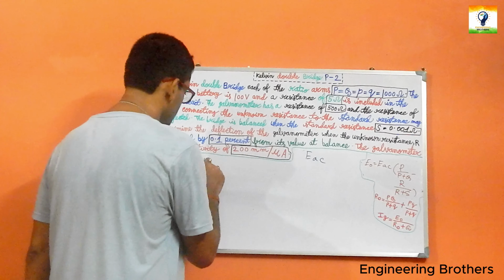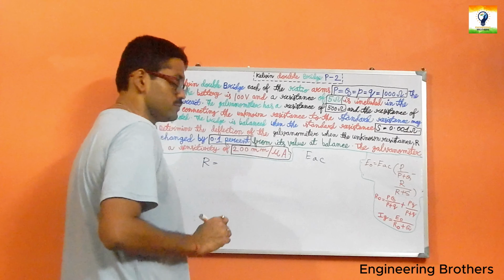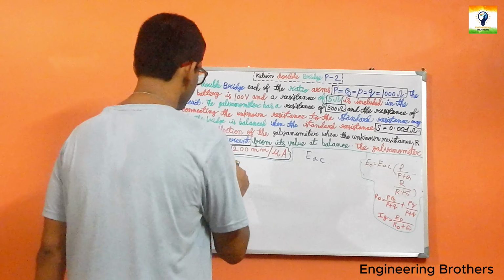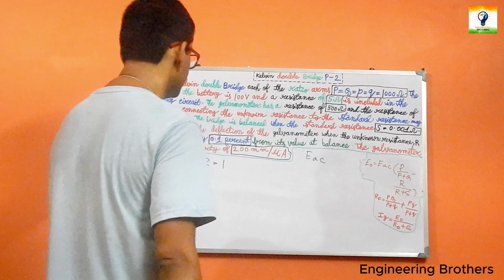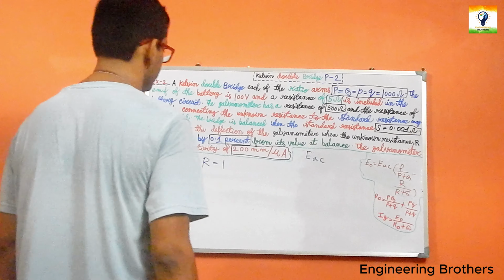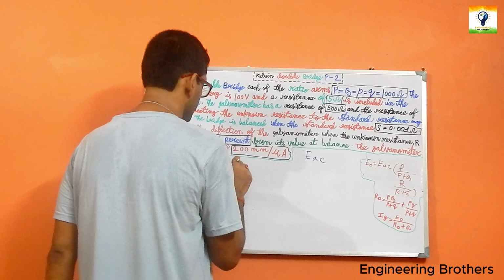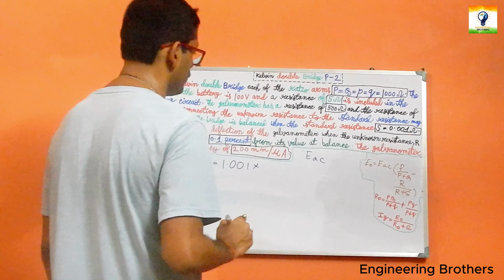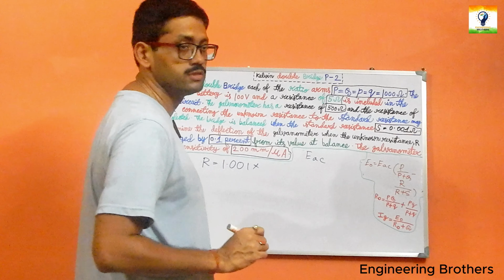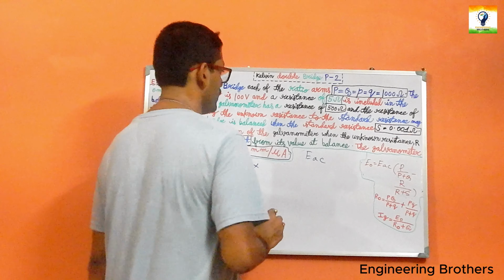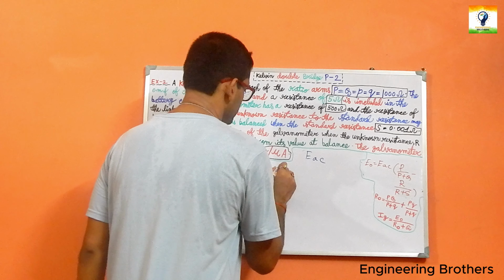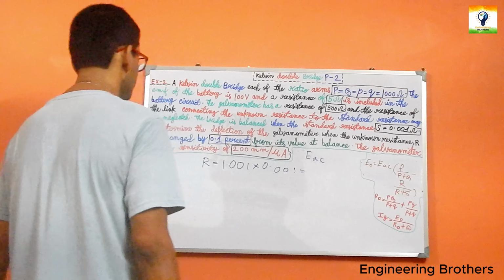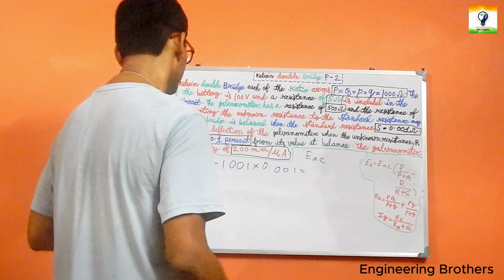Now we need to alter the unknown resistance value over here, which is, as I have changed the value by 0.1%, so ultimately the value is 1.001 multiplied with our R. What is the value of our R in our previous consideration? The value of our R is 0.001. So this is our changing format for our R value over here.